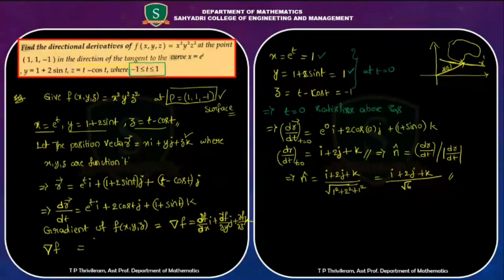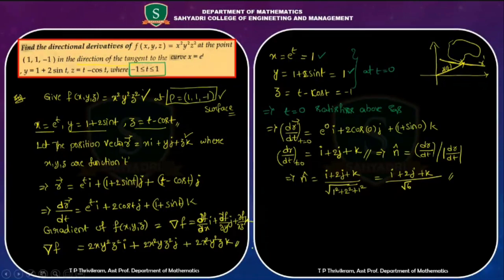Del f. So differentiate this equation with respect to x. Okay, so I'll get 2xyz² i plus 2x²yz² j plus 2x²y²z k.